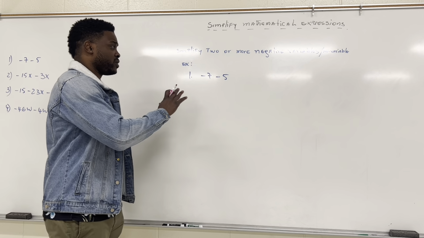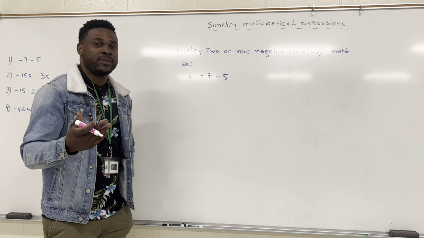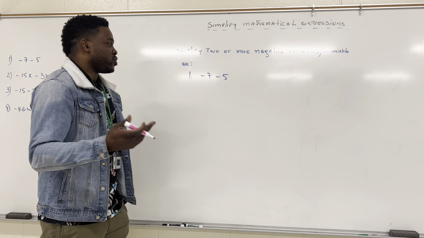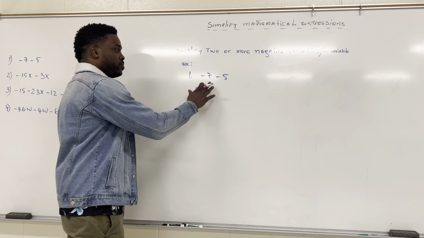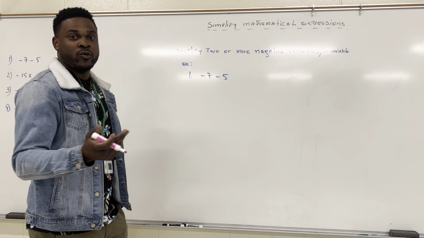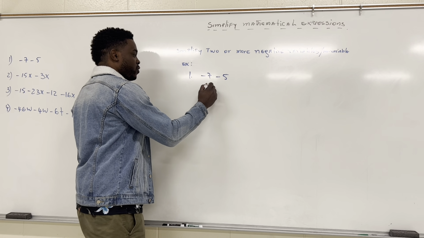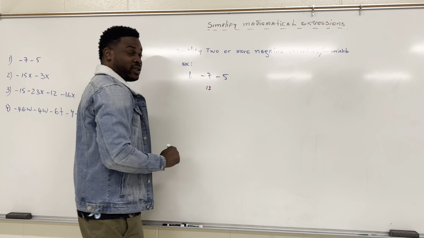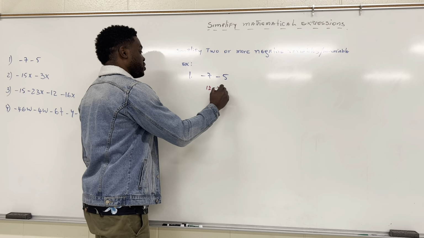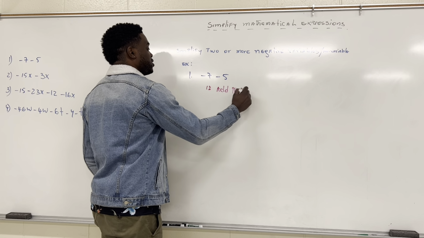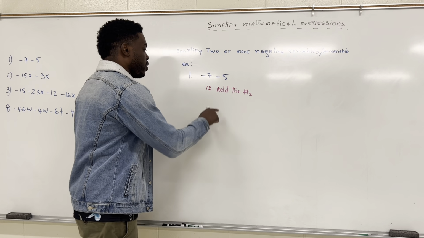To simplify this, there are two steps you need to do. The first step, you have to look at the sign. You see the sign, they are both negative. So first, you need to add the numbers.